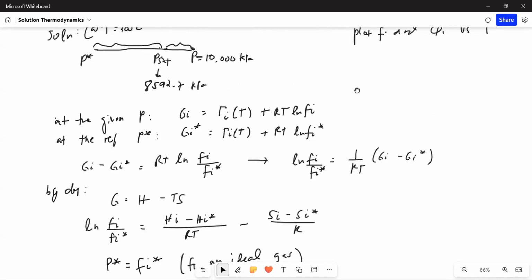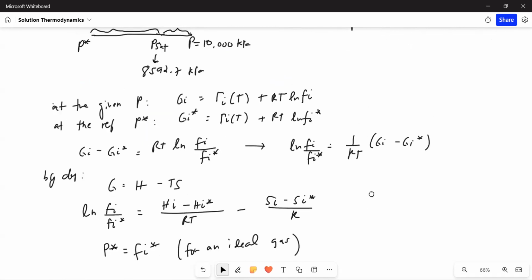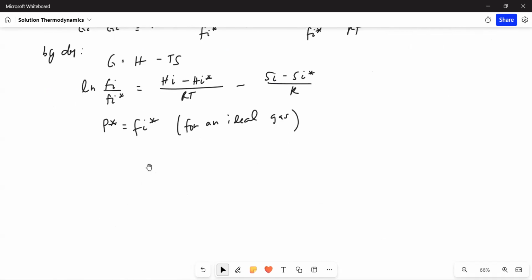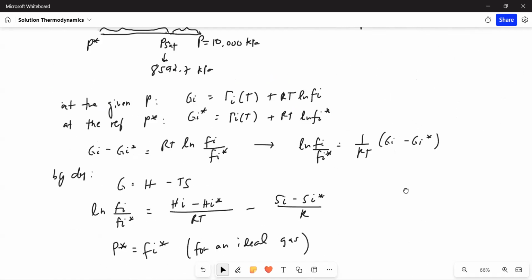But we also have to take note that the temperature is 300. So at constant temperature, what is the lowest pressure possible for this gas?